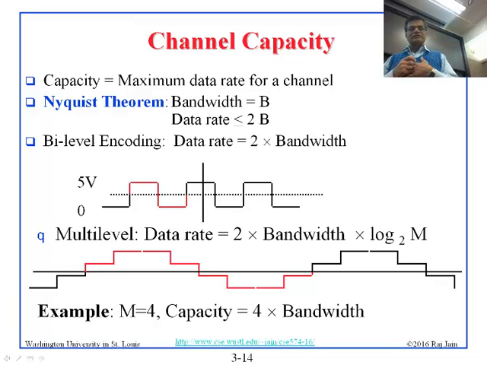Alright, so channel capacity, how many bits can you send? Nyquist theorem says that if your bandwidth is B, your data rate has to be less than or equal to 2B.